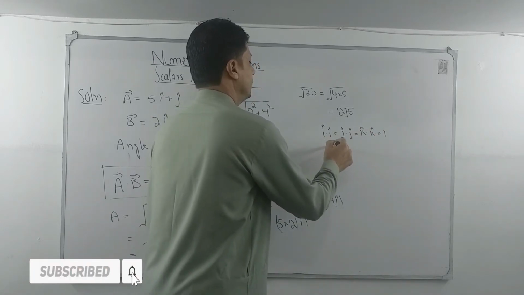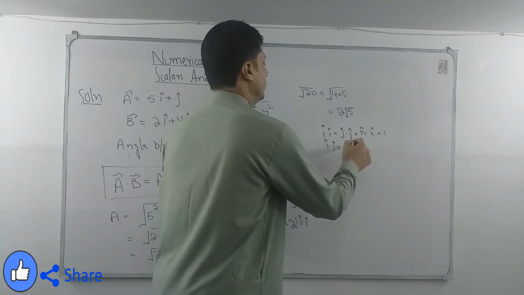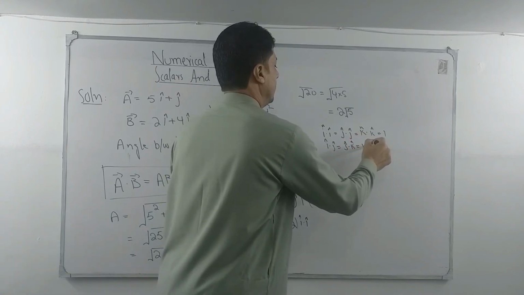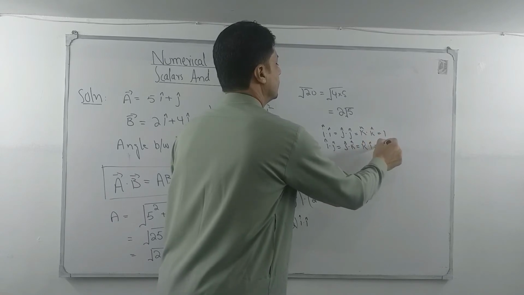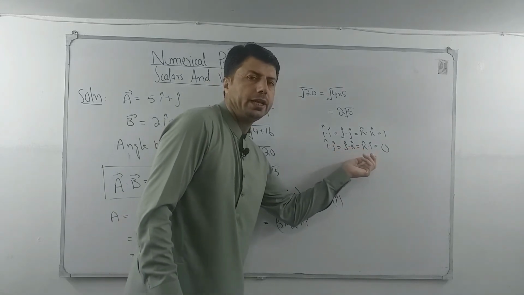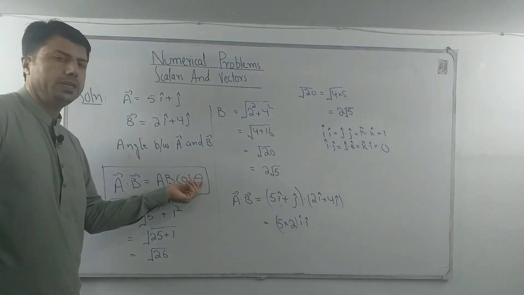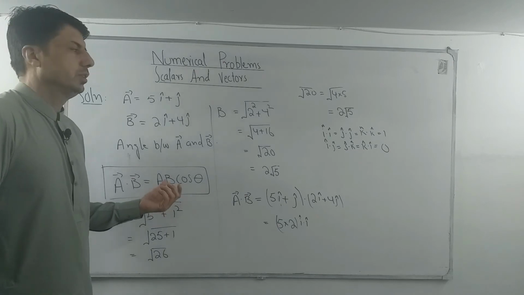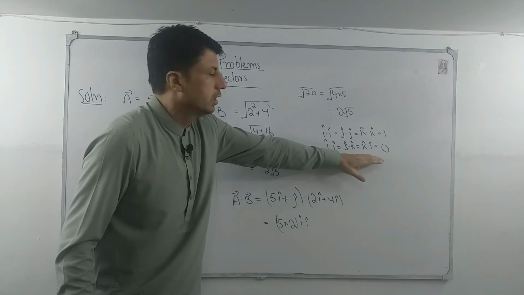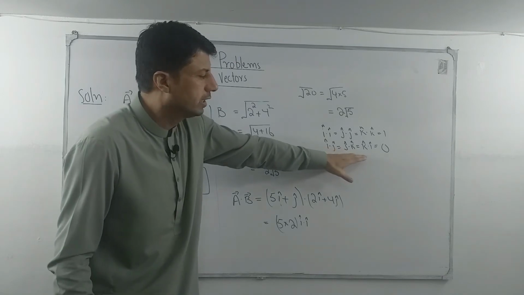But I dot J is equal to J dot K is equal to K dot I, and this is equal to 0 because the angle between I and J, J and K, K and I is 90 degrees, and when you put the angle 90 degrees, you will get the result 0. Therefore, the products IJ, JK and KI become equal to 0. That's why we are not multiplying them in the scalar product.